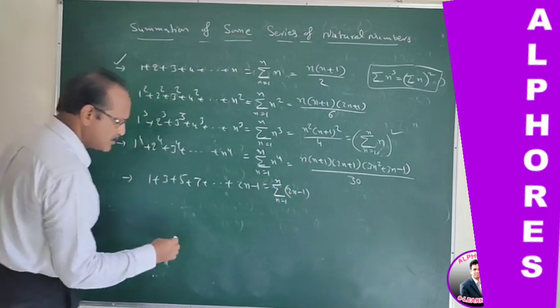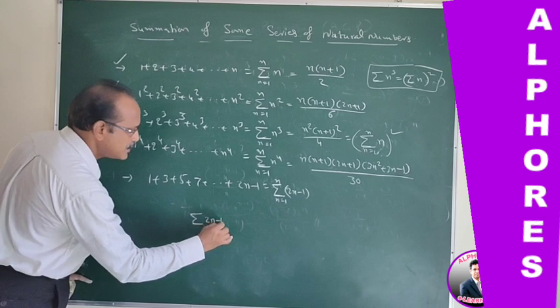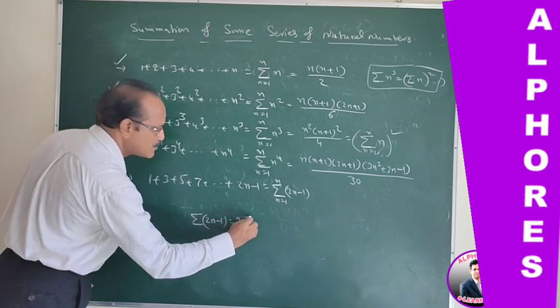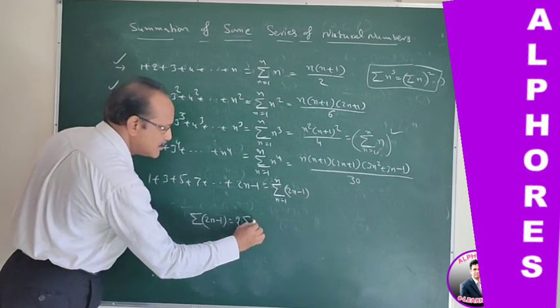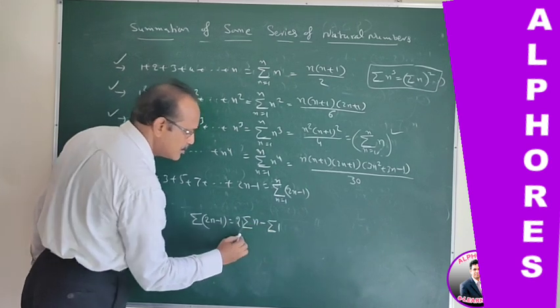You know, if I simplify this term, sigma of 2n minus 1 can be written as 2 times sigma n minus sigma of 1, applying distribution of sigma to each term, right?